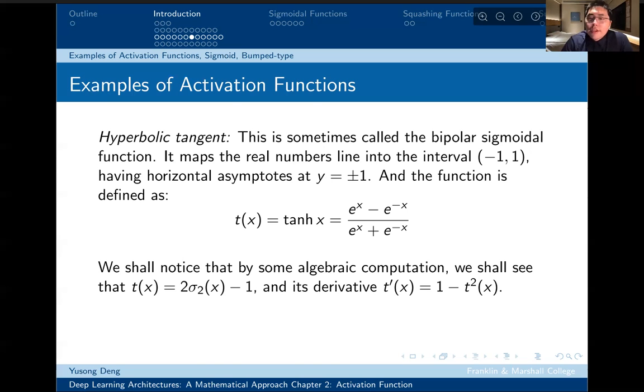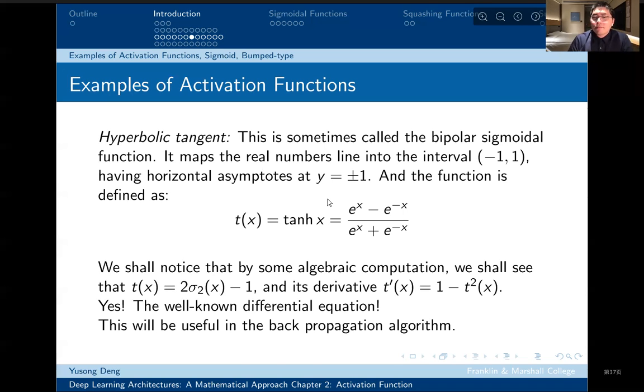Its derivative is given by T prime of x equals 1 minus T squared of x, right? Think about it. Is it really familiar to you? Yes, the well-known differential equation. It's something we definitely want to see, and remember that its derivative is that famous differential equation, which is amazing.